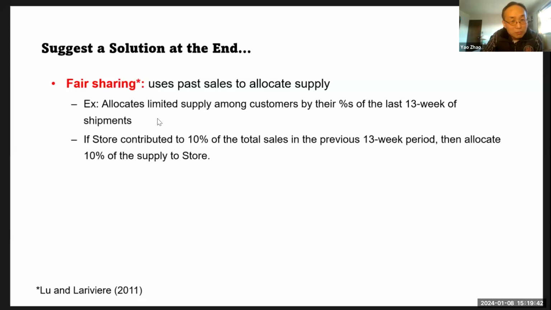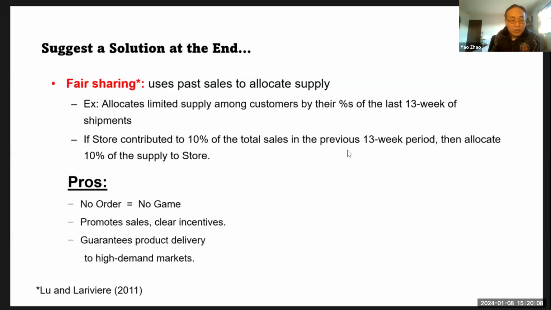For example, we're going to allocate limited supply among customers by their percentage of the past 13 weeks of shipments, how much we shipped to them. For example, if one store contributes about 10% of the total sales in the past 13 weeks, then we're going to allocate 10% of the supply to that store. Makes sense?